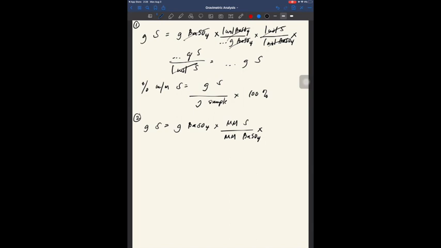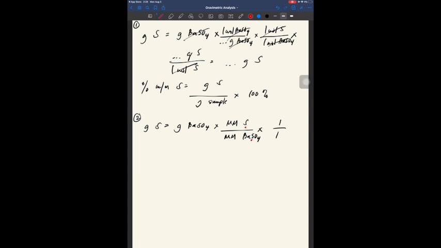So 1 mole of sulfur also corresponds to 1 mole of barium sulfate because you only have 1 atom of sulfur here. So it's 1:1. Finally, same formula for percent by mass sulfur.